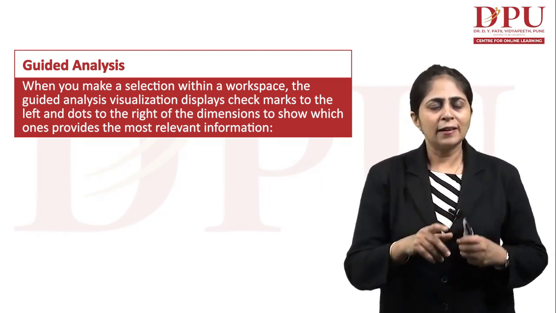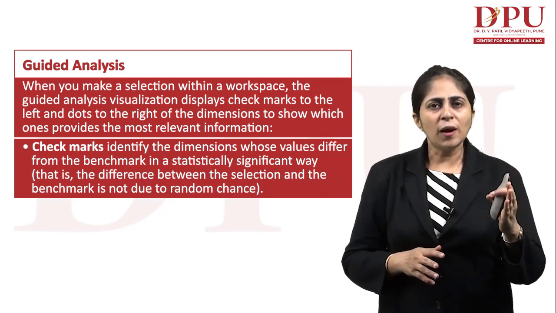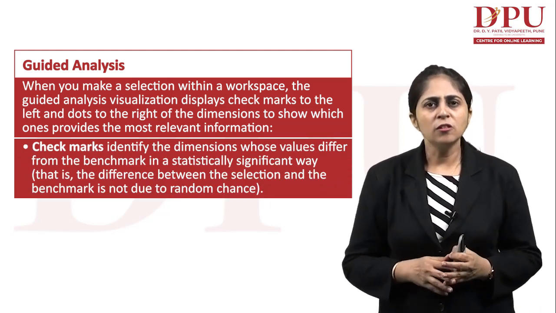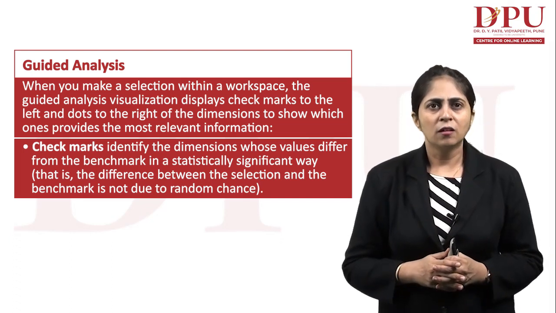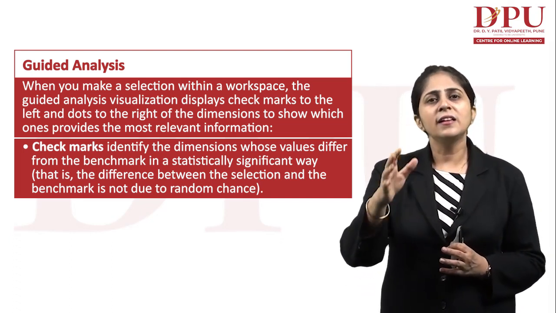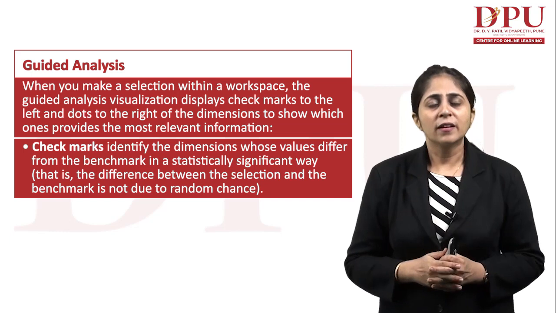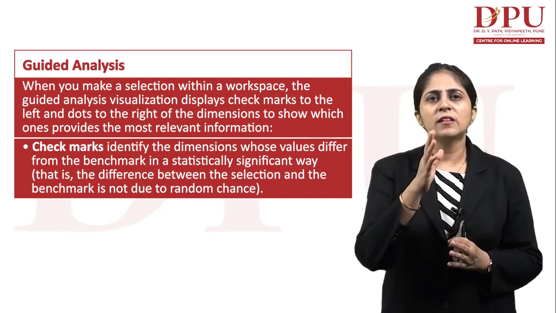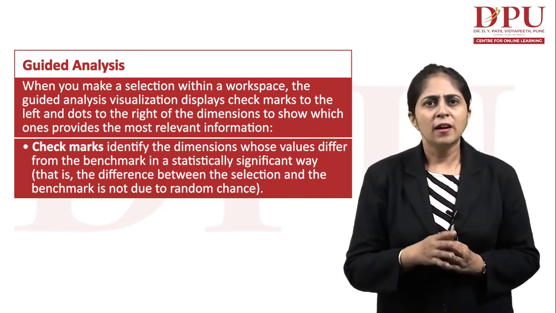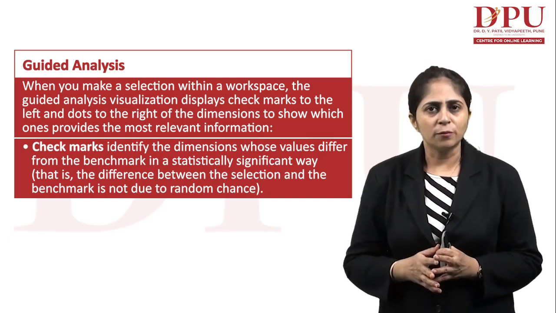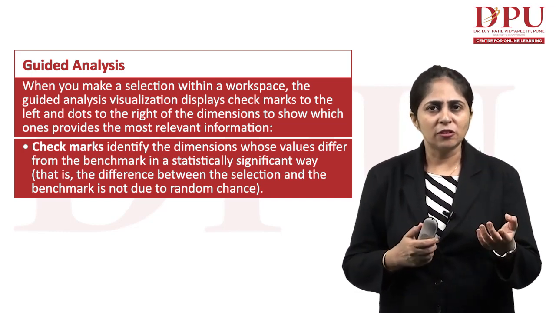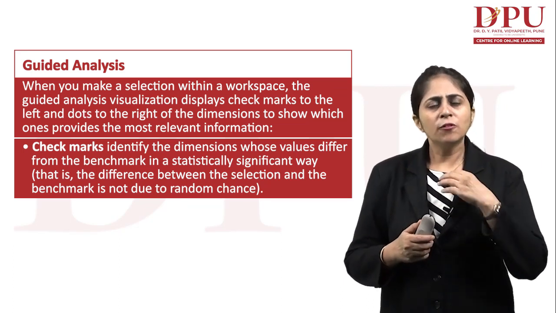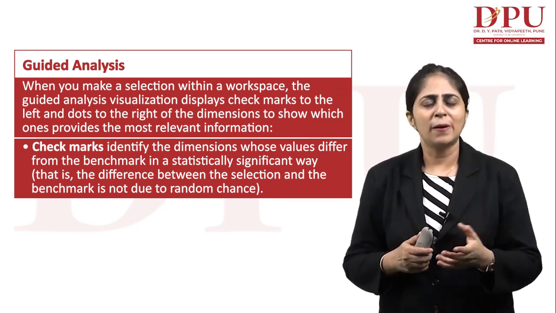The check mark that we have on the left identifies the dimension whose value differs from the benchmark in a statistically significant way. That is, the difference between the selection and the benchmark is not due to random chance. That means we want to identify the dimension whose value differs from what we have set as a benchmark.